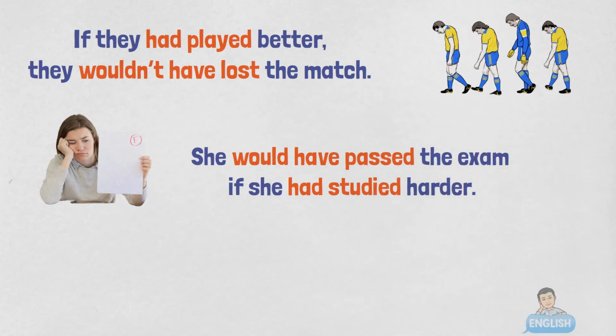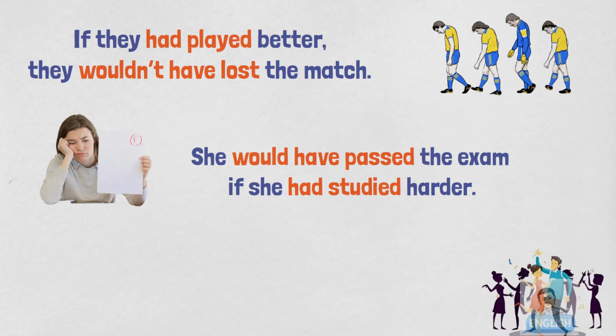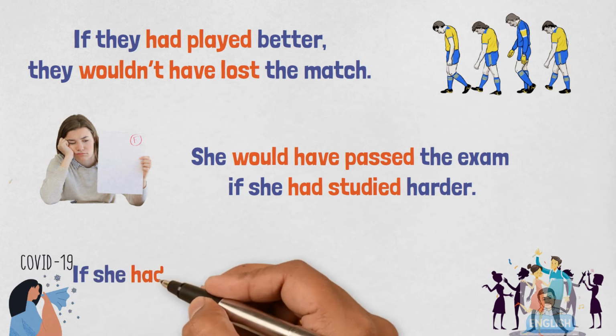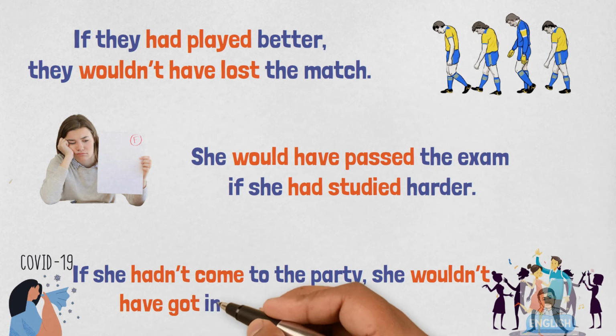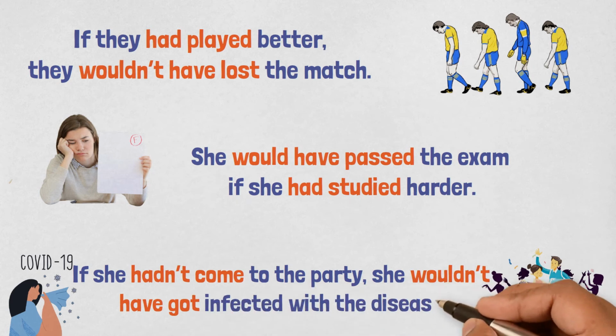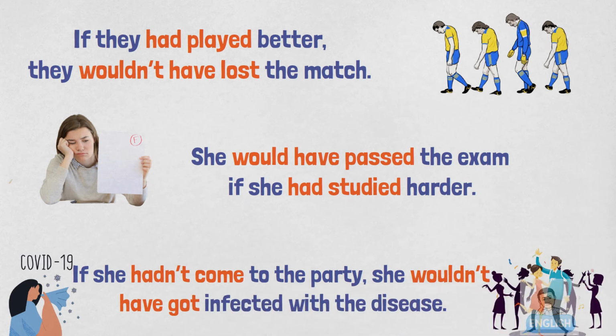This sentence means she didn't pass the exam because she didn't study harder. And here is one more instance. If she hadn't come to the party, she wouldn't have got infected with the disease. She did go to the party and she did get infected with the disease.